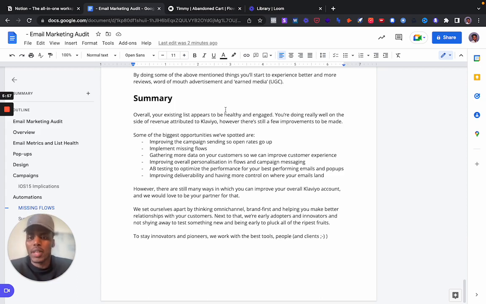Implement all the missing flows, gathering more data on their customers so we can improve the customer experience, improve overall personalization in flows and campaign sending, and really segmenting the list even better, and split testing to optimize the performance, from an email perspective and a pop-up perspective as well, and improving deliverability and having more control on where your emails land.